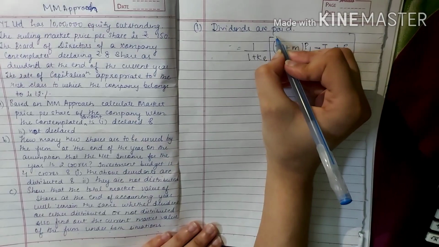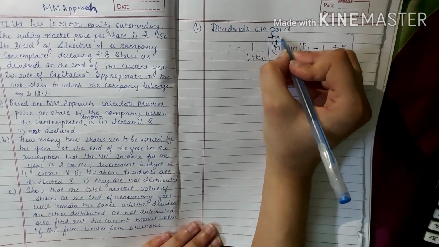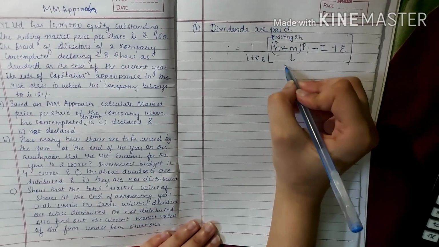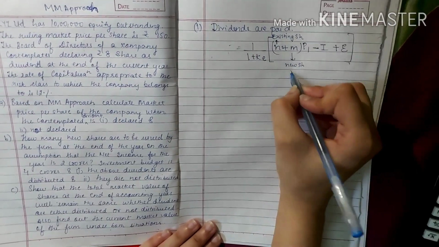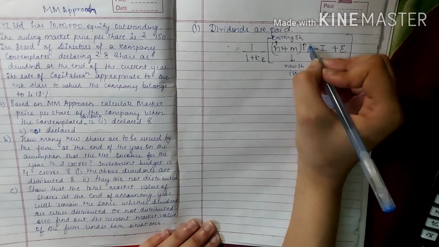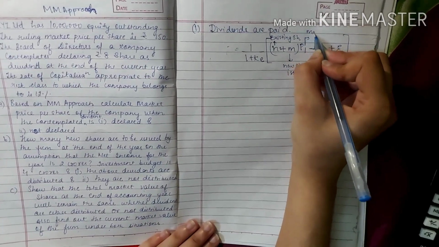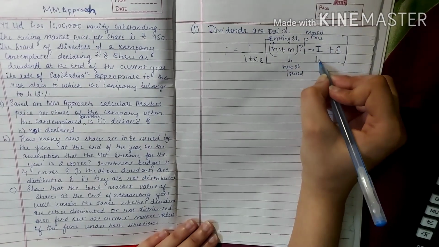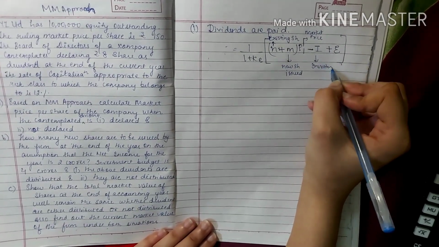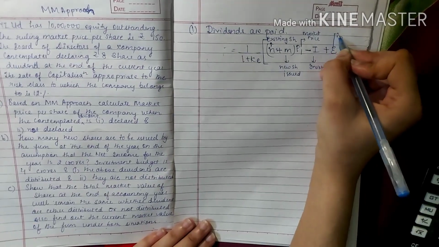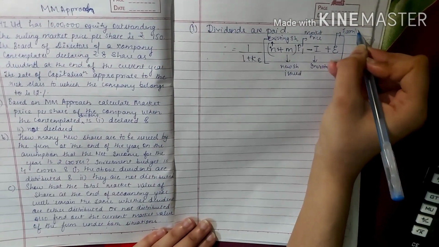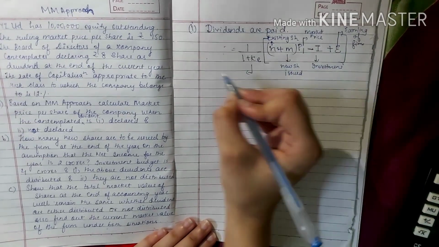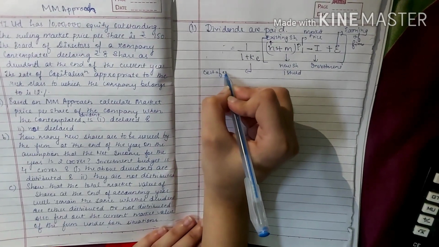N is existing shares, M is new shares issued, P1 is market price of shares, I is investment, E is earning of the firm, and KE is the cost of equity capital.